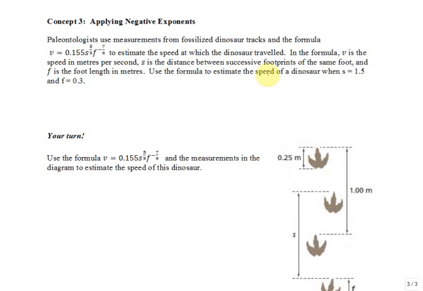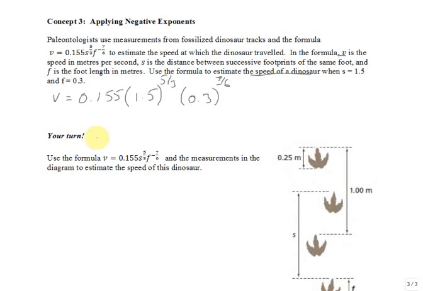So it tells us we were trying to find the speed of the dinosaur. It told us that the speed of the dinosaur is v. So the formula is already laid out in v equals. So all you need to do is plug in those other numbers. You do need to write it out properly though. 0.155 times 1.5 to the 5 over 3 times 0.3 to the negative 7 over 6.